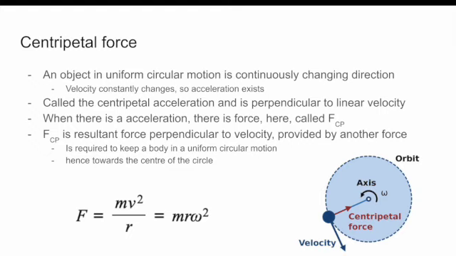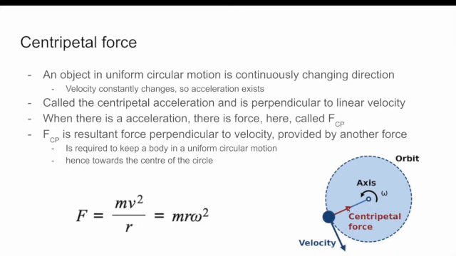This is called a centripetal acceleration, and that centripetal acceleration that causes this change in velocity is perpendicular to the linear velocity. So if we look at this diagram here, the linear velocity is just a straight line tangent to the circle. This string here is going at an angular velocity of omega about the central axis, and it has a centripetal force towards the center of the circle.